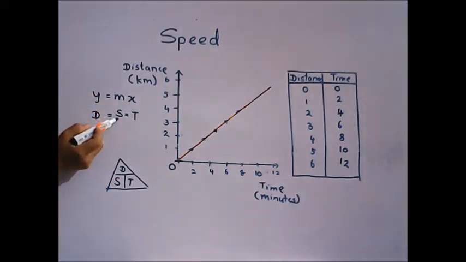Then m represents speed. m means the gradient. Therefore, the gradient of the distance time graph equals the speed of the object in motion.